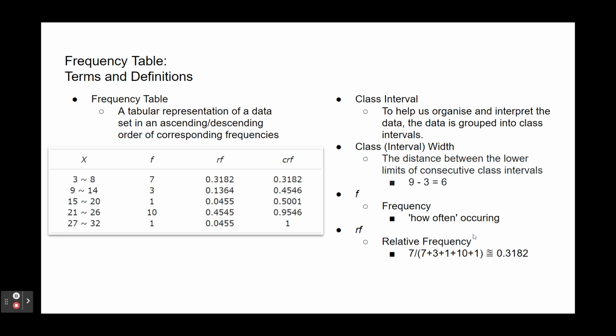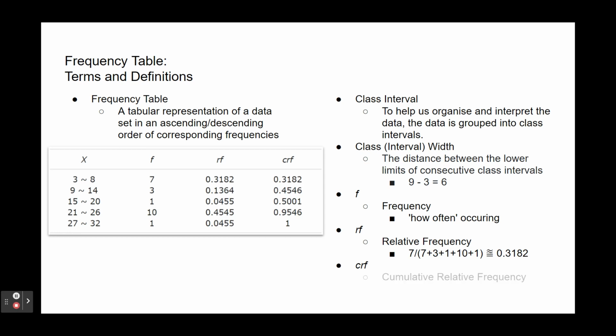So in this case, 7 divided by 22 becomes approximately 0.3182. In this case, it is 10 divided by the same total frequency, 22. 10 divided by 22, you will get 0.4545, etc.